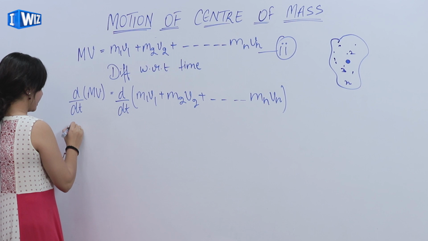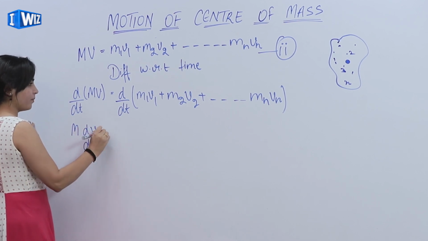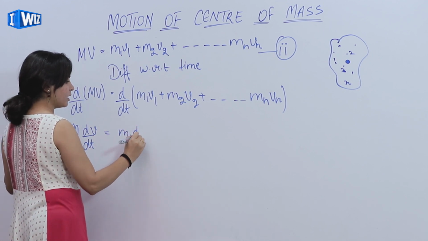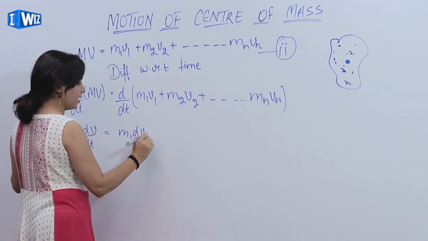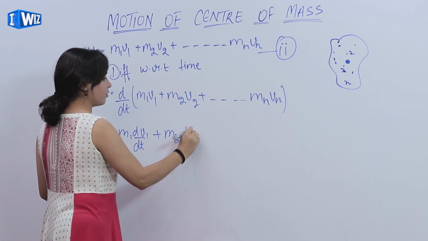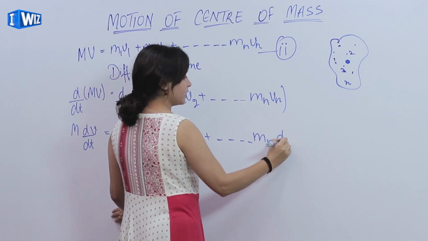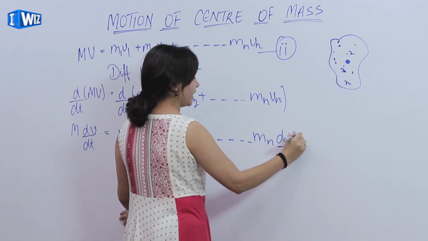On differentiating, we'll get m constant d by dt of v, m1 d by dt of v1 plus m2 d by dt of v2 plus mn d by dt of vn.